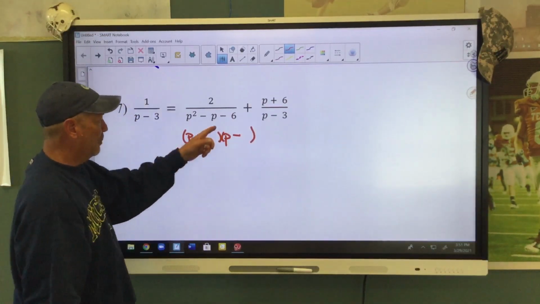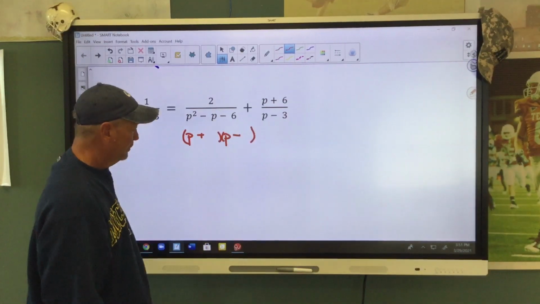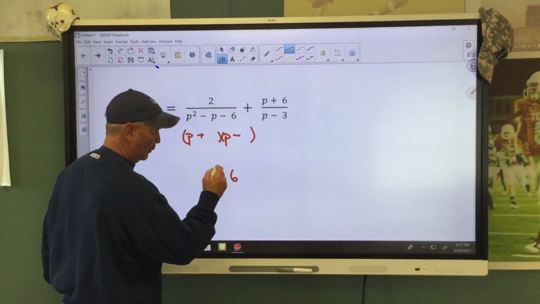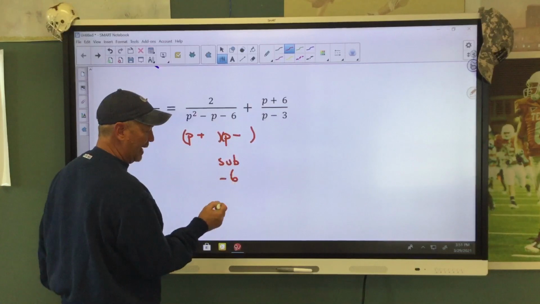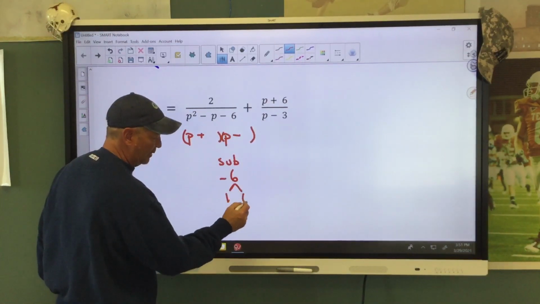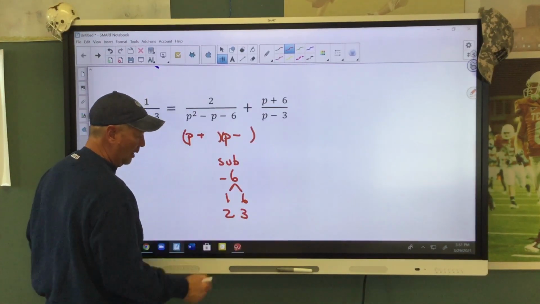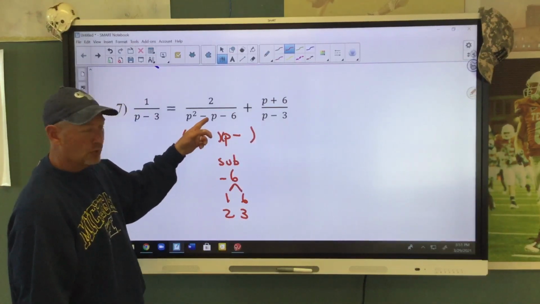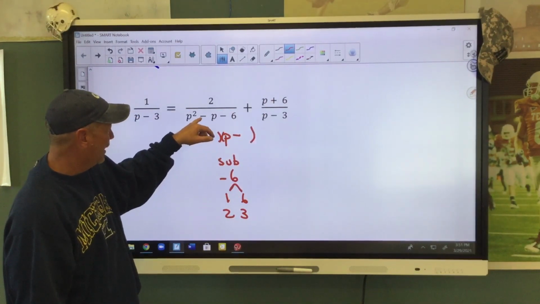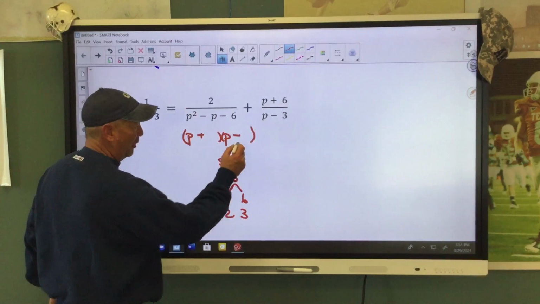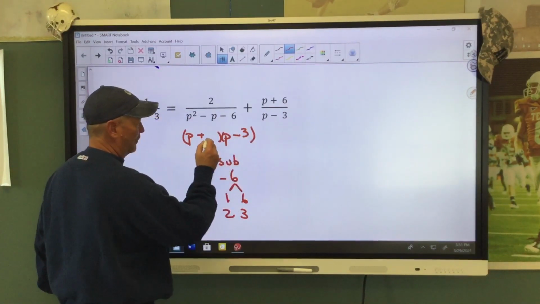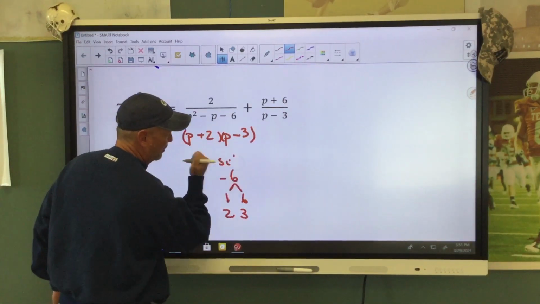We need to break down the -6. We're going to have to subtract because it's negative. I can use 1 and 6 or 2 and 3. We're going to use 2 and 3 because it's 1 apart. But I need it to be a negative, so the bigger number needs to go with the negative. There's my factored form.